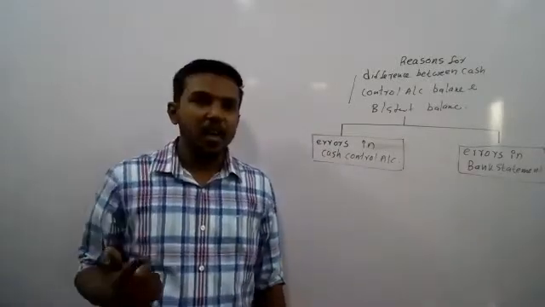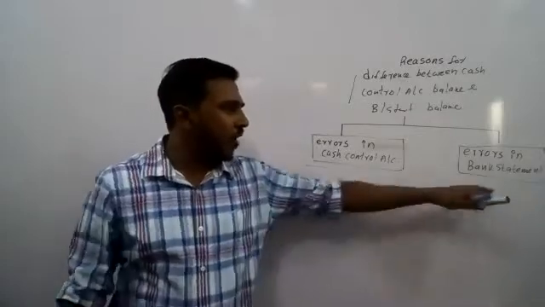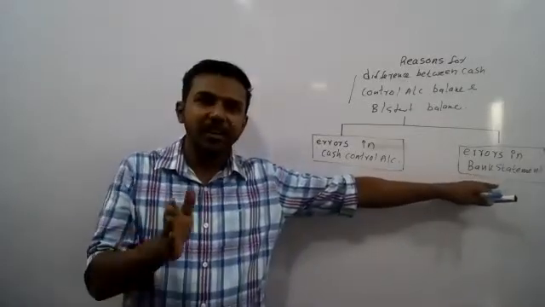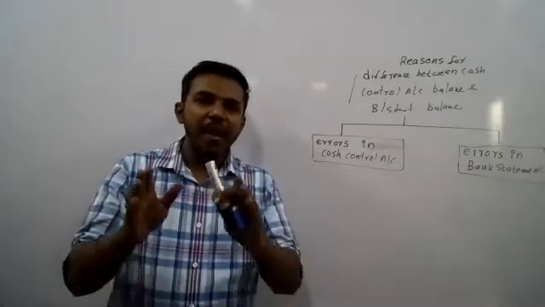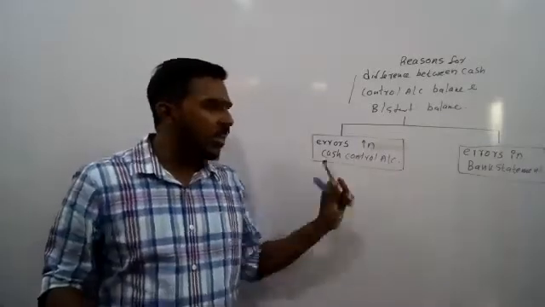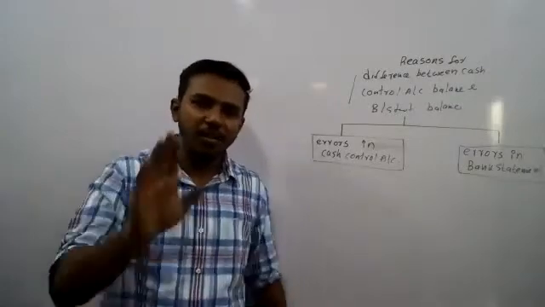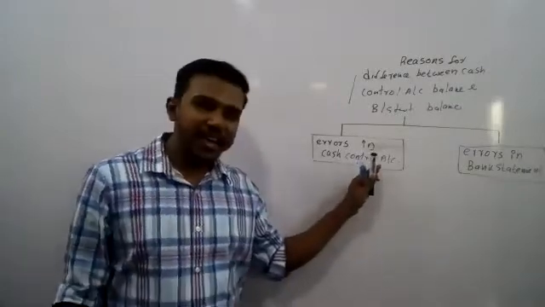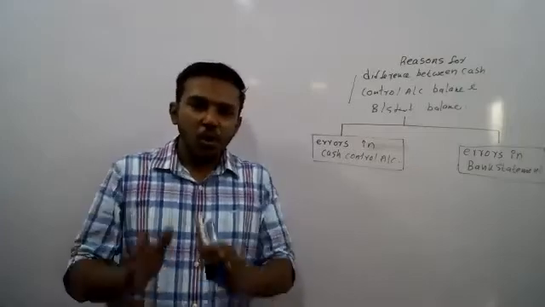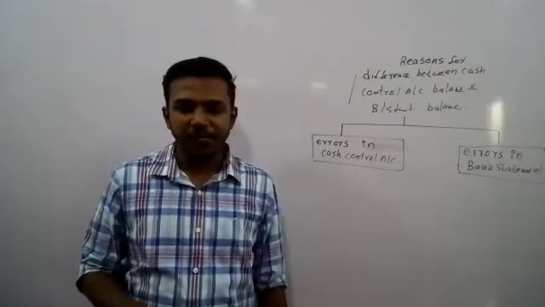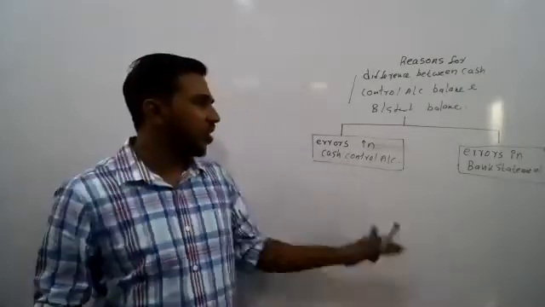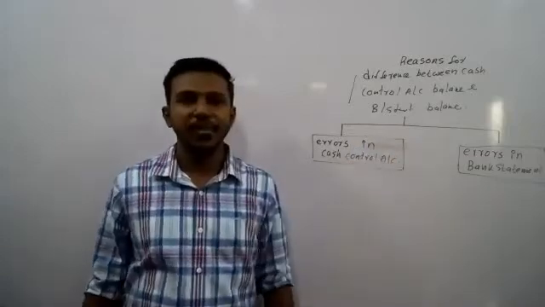Here we'll say one check has not been recorded in bank statement. That means it's an error in bank statement. We'll say bank charges have not been recorded in cash control account. Not recorded by cash control account, then it's an error in cash control account. Who has not recorded the transaction should get the fault.